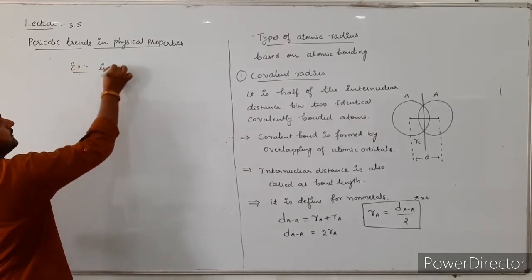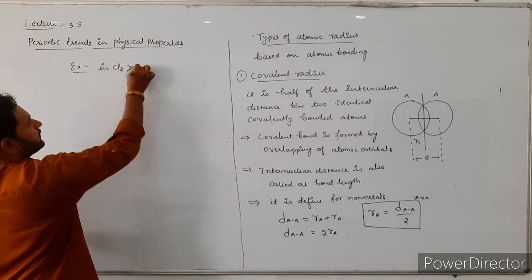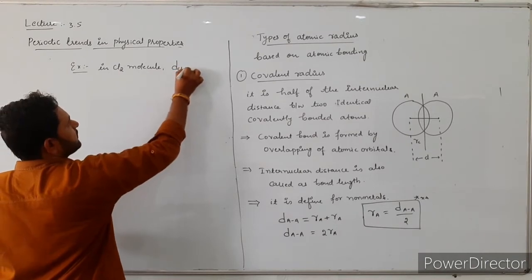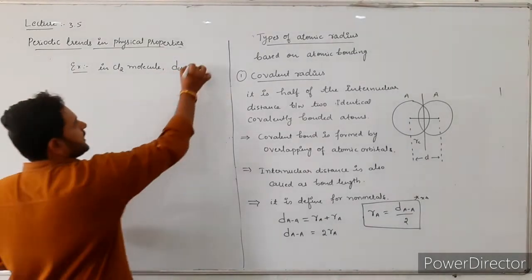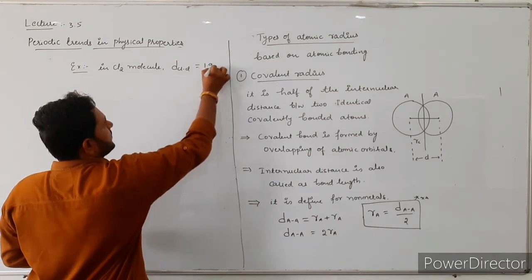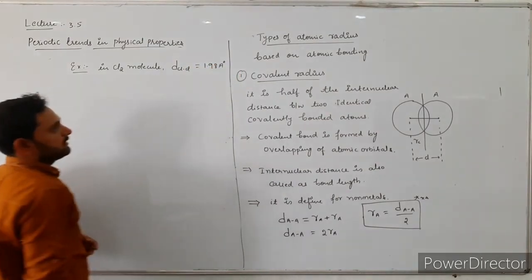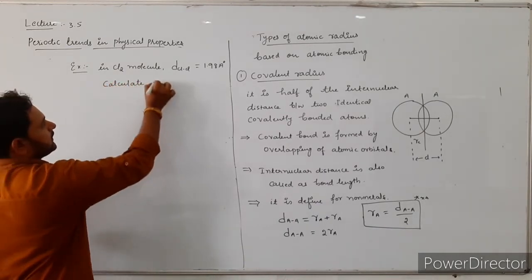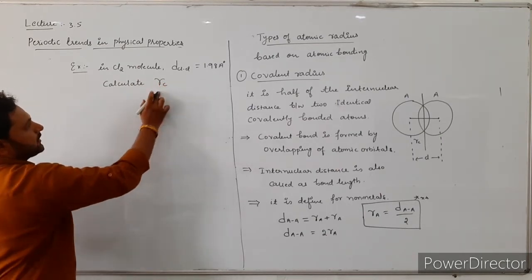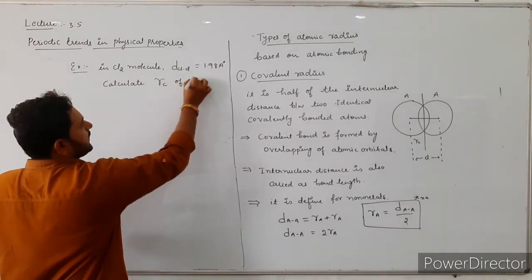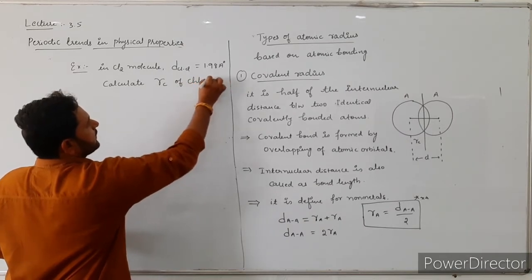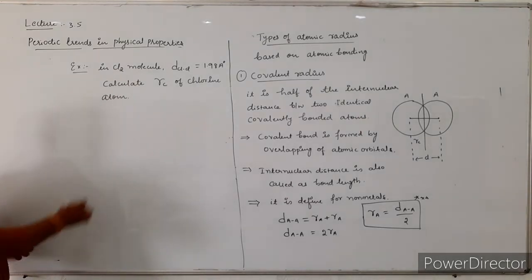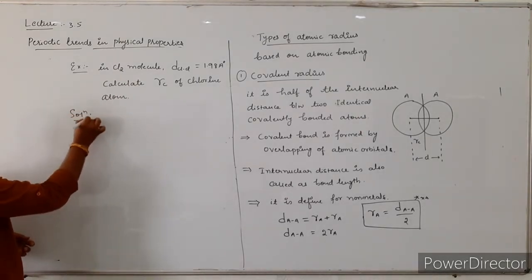One example. In a chlorine molecule, the internuclear distance between two chlorine atoms is equal to 1.98 angstrom. Calculate the covalent radius of the chlorine atom. How do you calculate? Just use this formula.